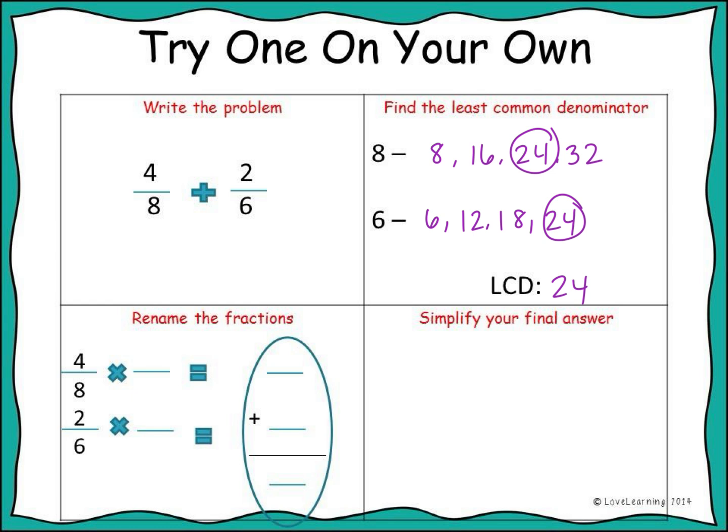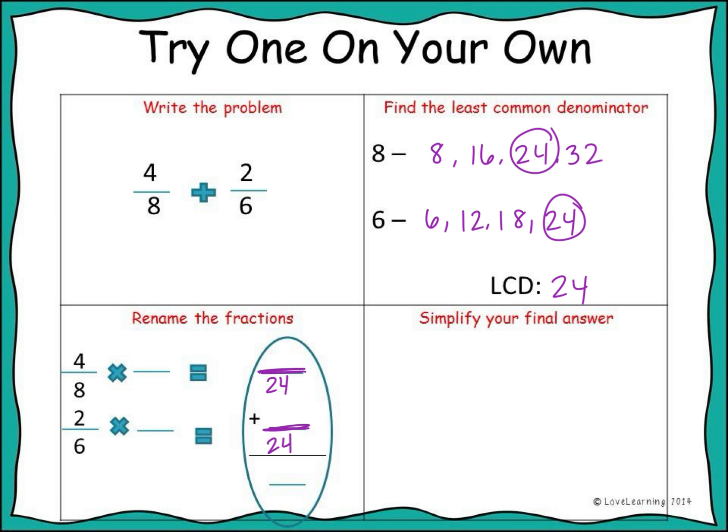So moving down to the bottom left box, you don't have what I have here. So you're just going to write your fractions. You're going to write down 4/8. You're going to copy what I have on the board and 2/6 underneath it. Okay, remember my goal is to get a new denominator of 24 for both of these fractions. So I'm going to write a fraction with 24 on the bottom off to the side next to both of those fractions.